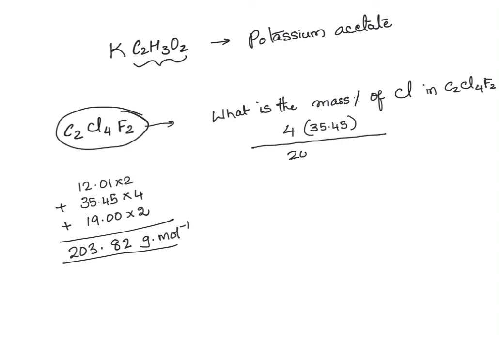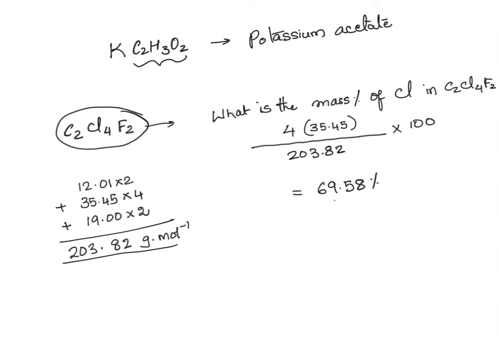So this will be 203.82 multiplied by 100 because we're looking for mass percent. So 4 times 35.45 divided by 203.82 multiplied by 100 will come out to be 69.58%.